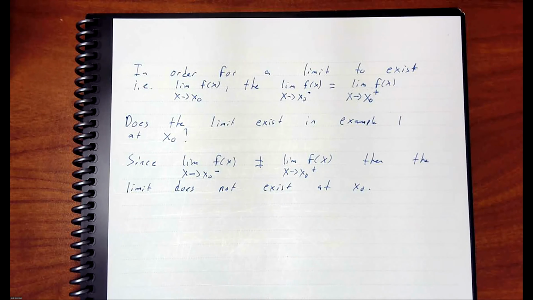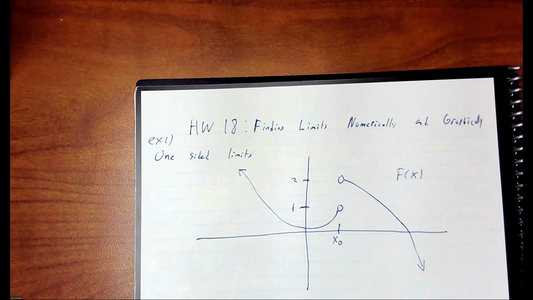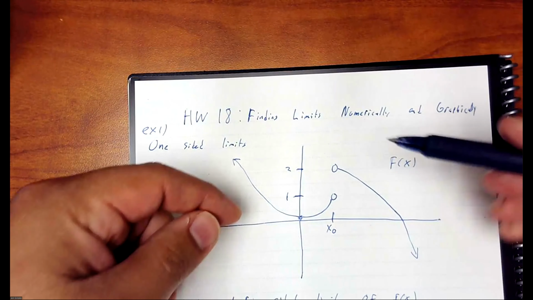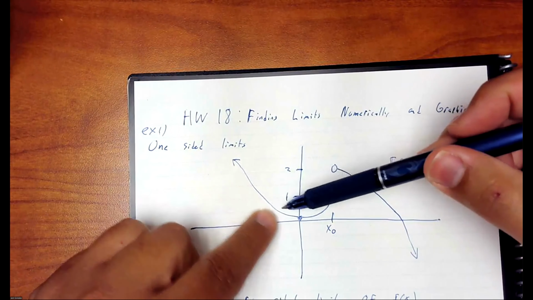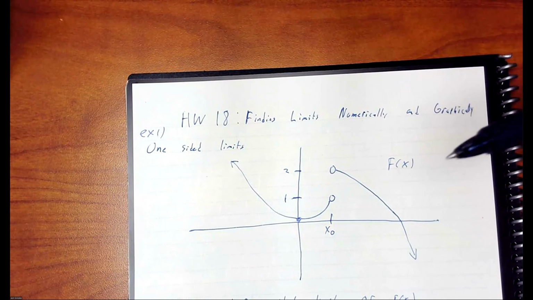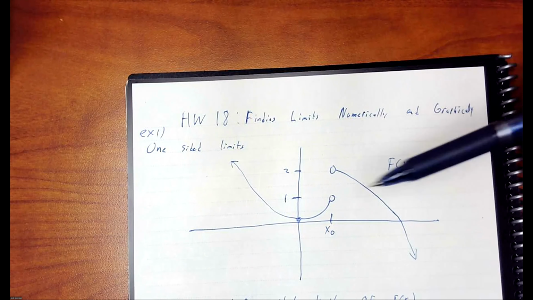But not always. It could be defined. It depends. So the limit could exist and the value could be there. It doesn't have to have a hole. For example, let's say it's right at 0, right there. Do you agree that the limit from the left would be 0 and the limit from the right would be 0, but it's also defined there? You see how that's not a problem?